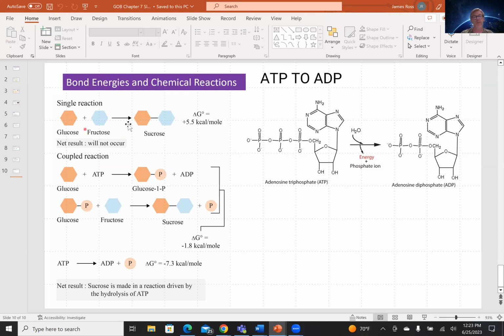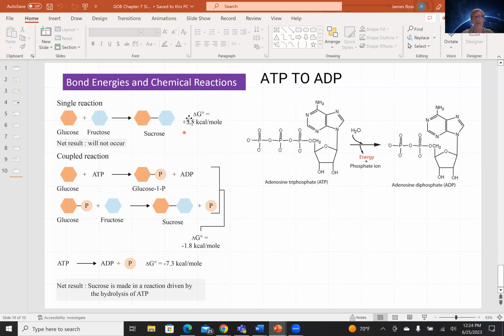So we can couple this biochemical process to ATP. So if we just look down at the bottom here, ATP will convert to ADP with the loss of energy. And that energy in the same units here is minus 7.3 calories per mole. Here it's negative because it's being lost from the chemical.